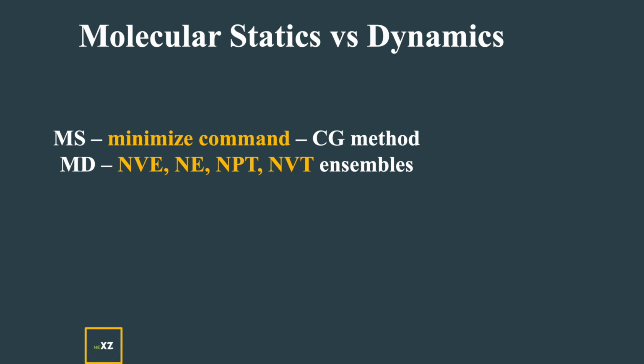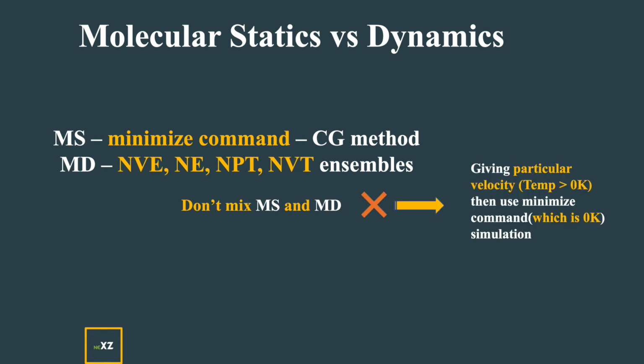Molecular statics versus dynamics: molecular statics is the minimization command, which uses the conjugate gradient method as the default method, and in molecular dynamics you use different ensembles, depending on the kind of simulation you want to do. And don't mix molecular statics and molecular dynamics. Please don't do that.